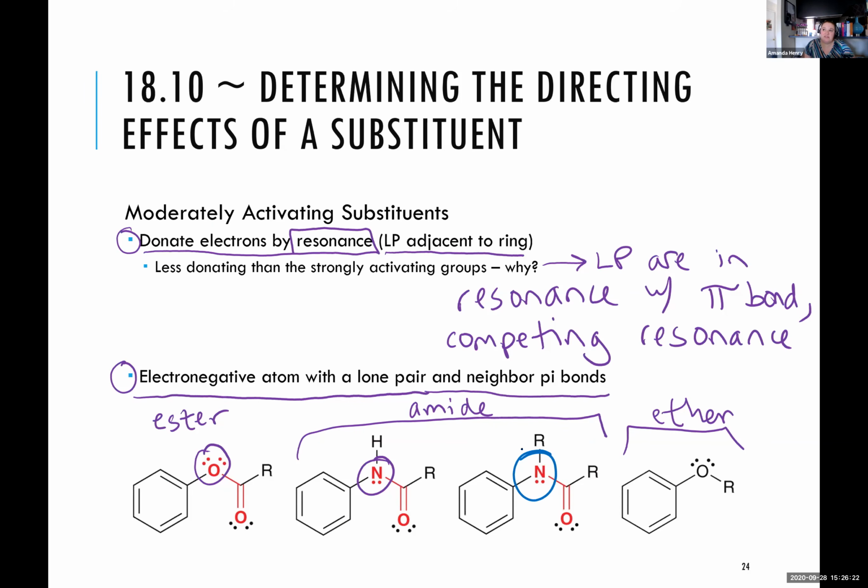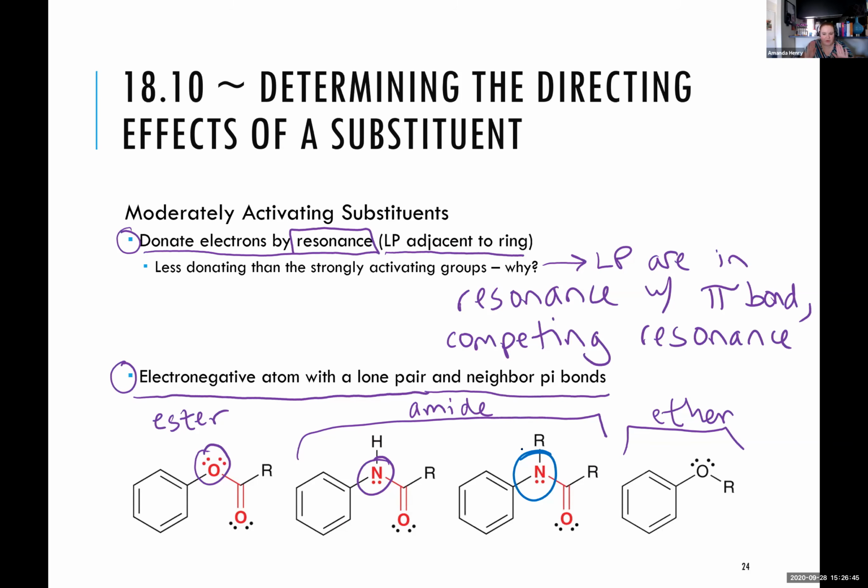Now, one of the things that we didn't quite get into is that a lot of our substituents can do both. We didn't talk about all of the different ways that they can do both, but that can be one of the things, as you're trying to reason it out, that it can be a little bit confusing if you're trying to think it out in your head.